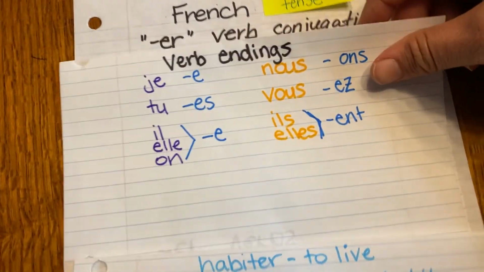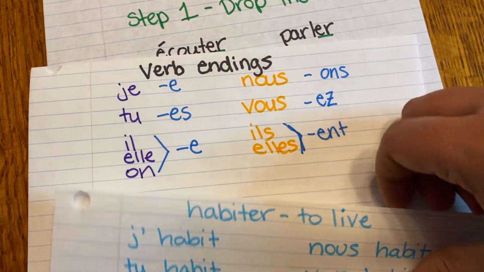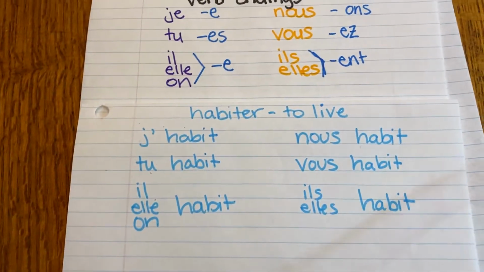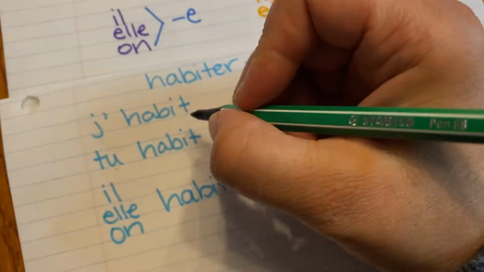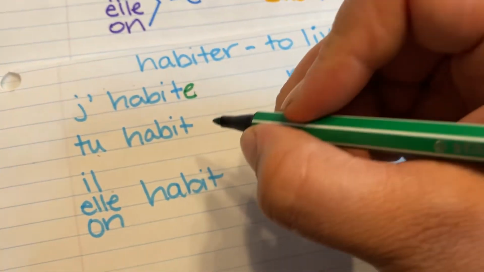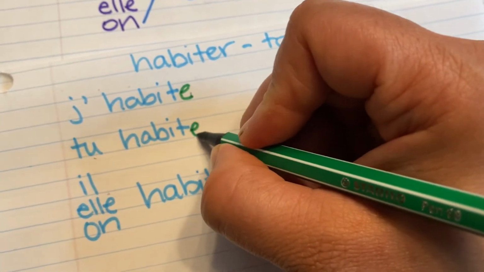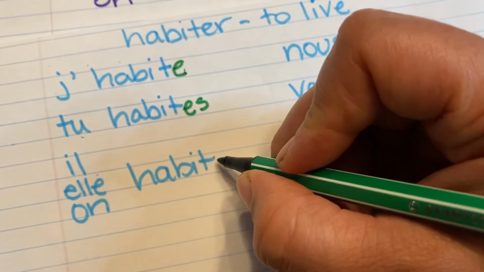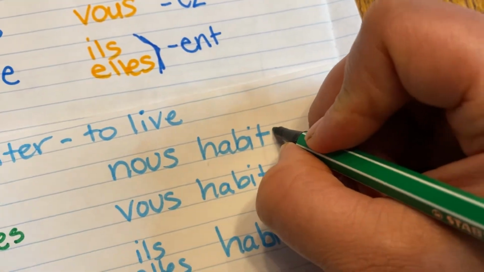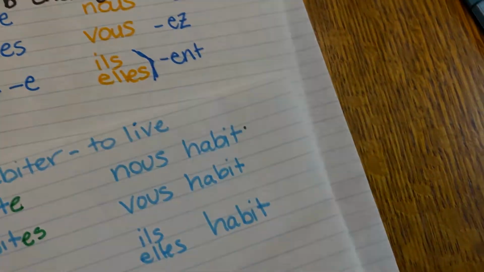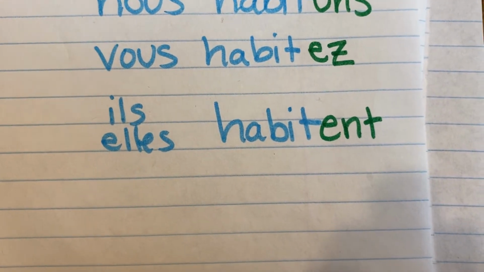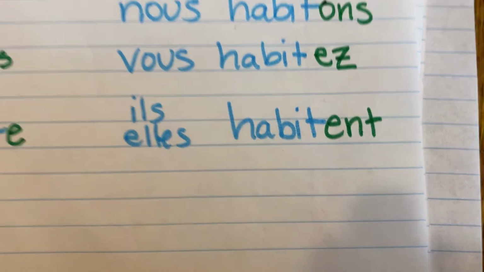So if you remember, here are verb endings. Okay, I'm just going to plug them in. So, j'habite, tu habites, il, elle, on habite, nous habitons, vous habitez, ils, elles habitent.